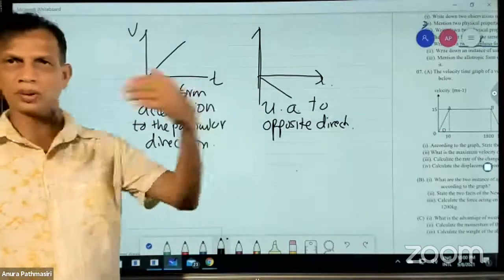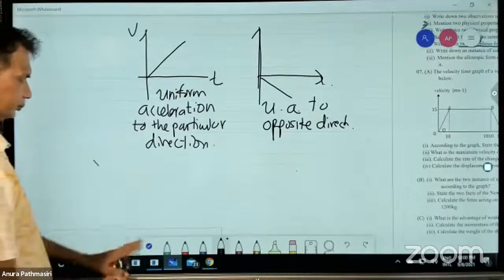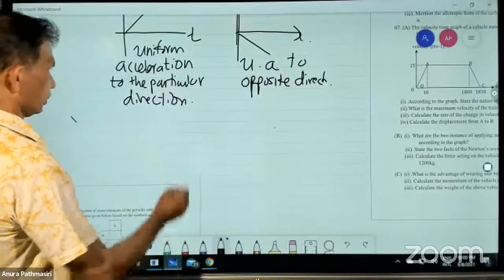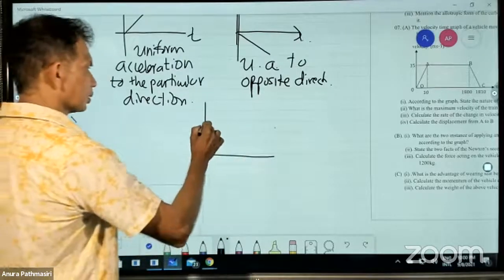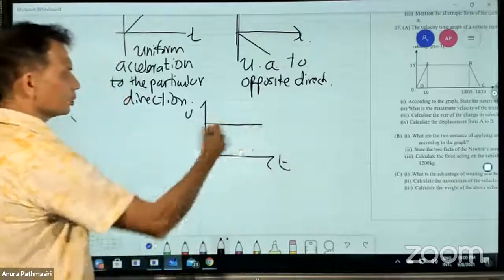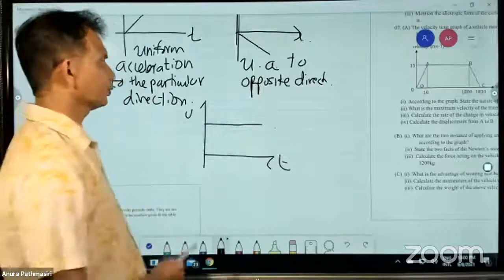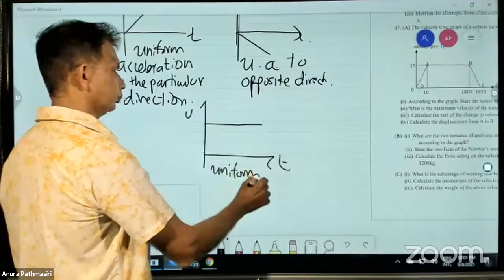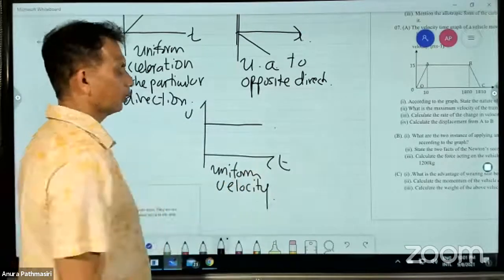Velocity is towards the opposite direction. And what about this one? What about this graph? If you can have a graph like this, velocity time graph, this one? Constant or uniform velocity. And what about this one?